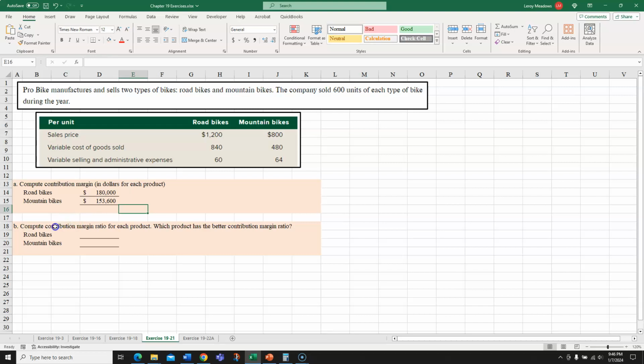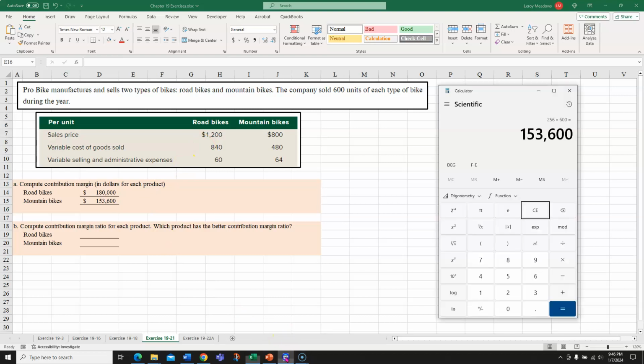Now we're also asked to compute the contribution margin ratio for each product. Which product has a better contribution margin ratio? Well, if we remember, the contribution margin ratio is just the contribution margin divided by sales price. And that's going to be true on an individual level and on an aggregate level.